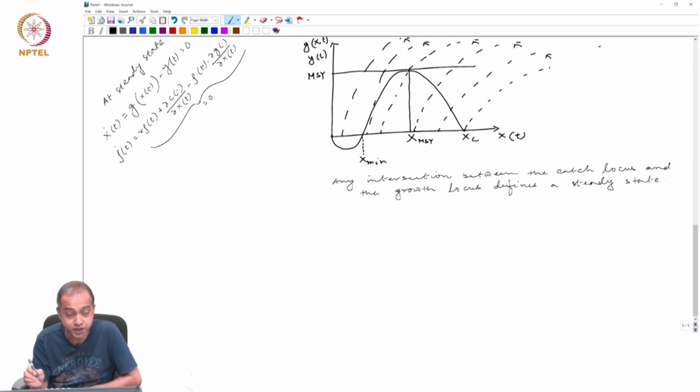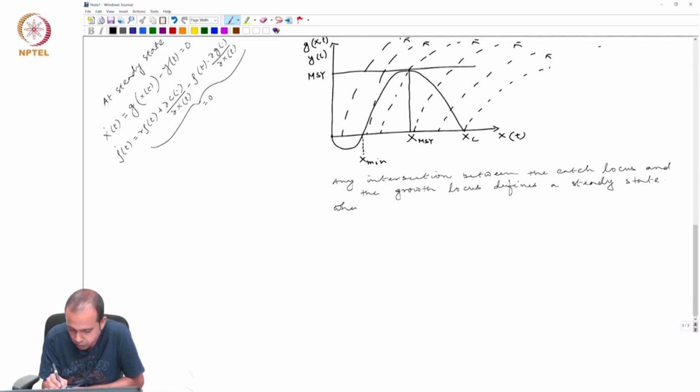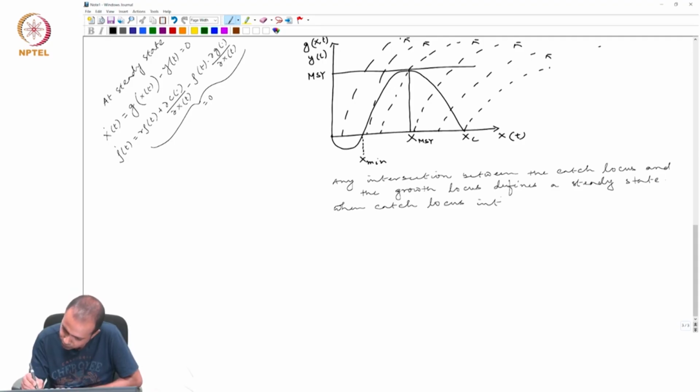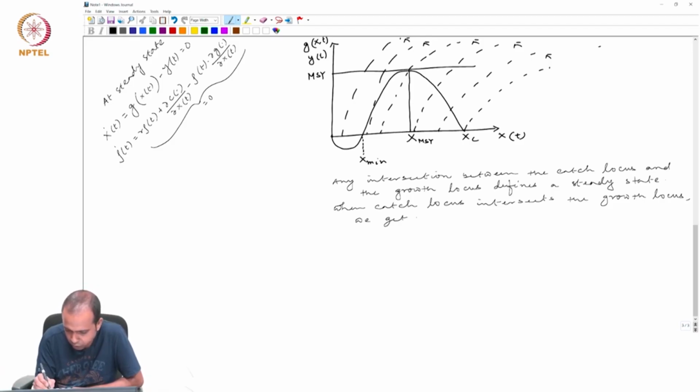But all steady states are not stable. So, what is the stable state? When the catch locus intersects the growth locus, we get a stable steady state.